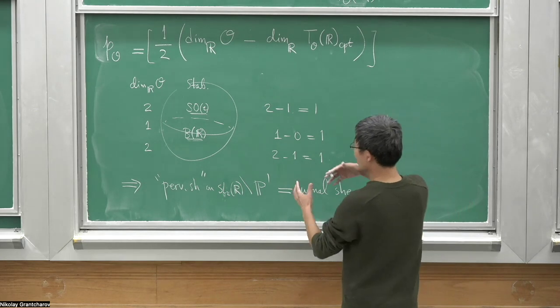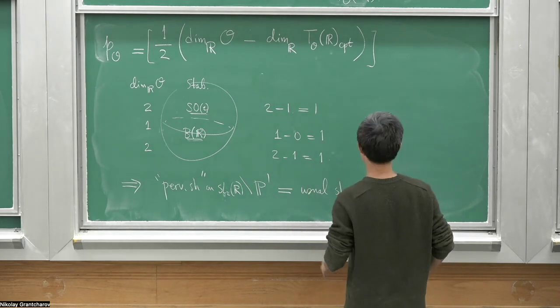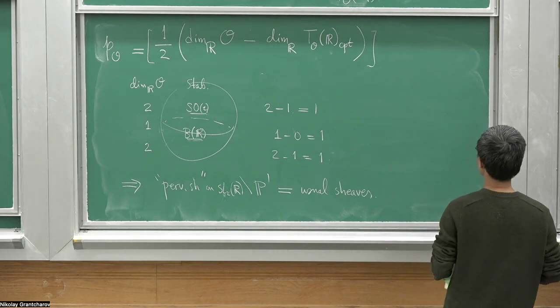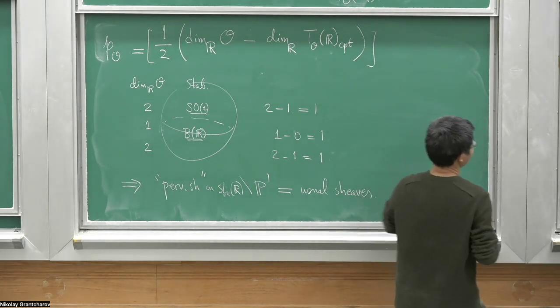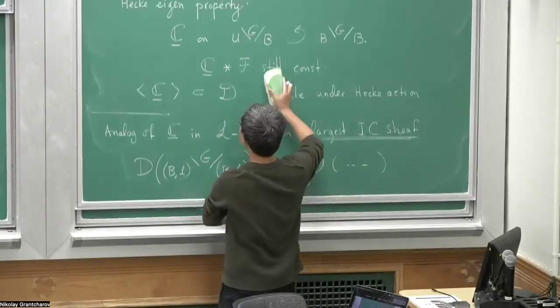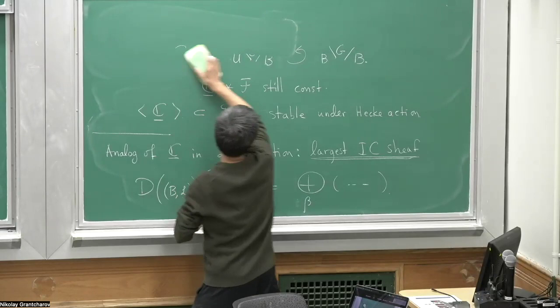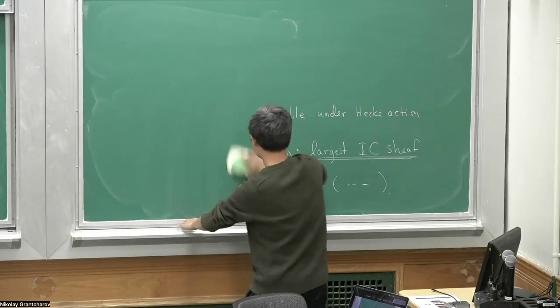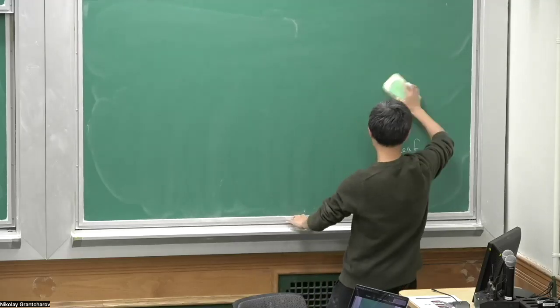So this is the ambient abelian category we work with by this perversity function. And we define monodromic tilting sheaves in this context.